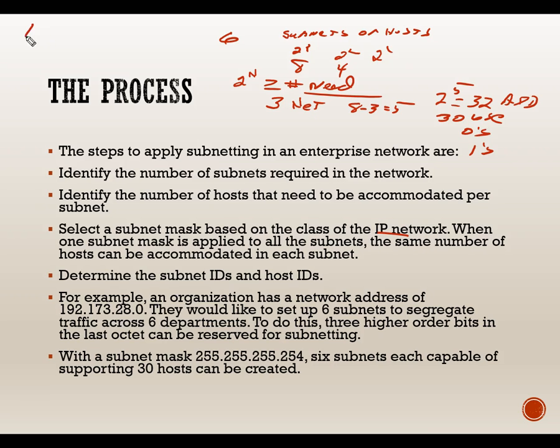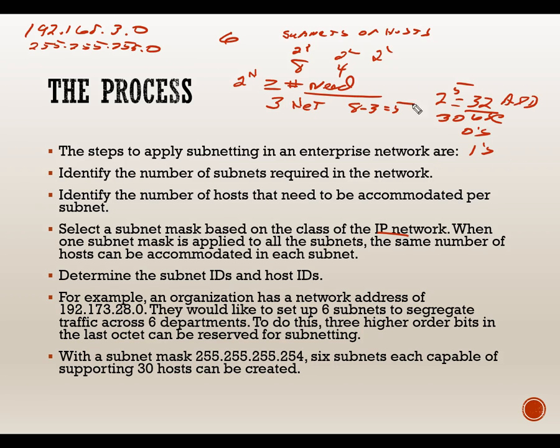So if we were subnetting the 192.168.3.0 network, our default subnet mask would be 255.255.255.0. And in this case, we had 32 addresses, and we're going to do this shortcut right here.